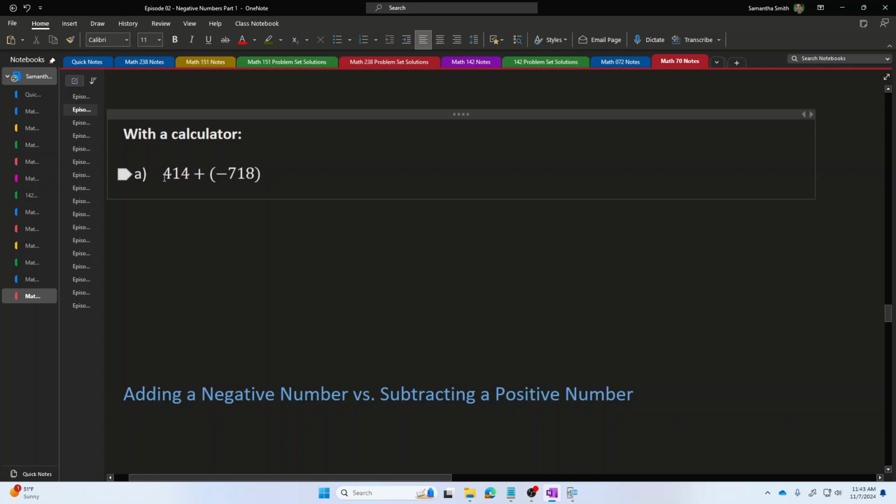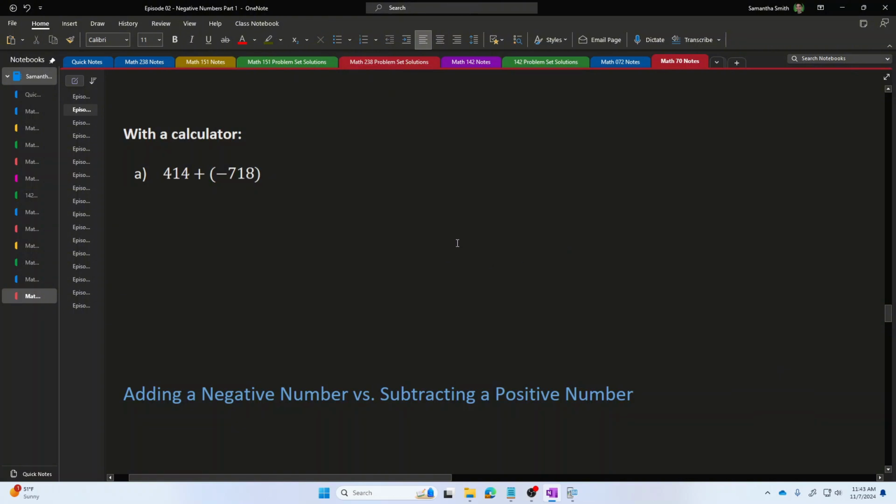Because if I start with about $400 in my savings account, and then I take on a debt of about $700, overall, I'm going to be more in debt at the end because my debt is larger than what I have in savings. So I'm expecting a negative answer here because I took on a debt that was more than the savings I had at the start.